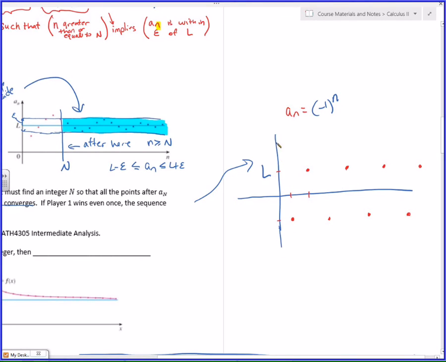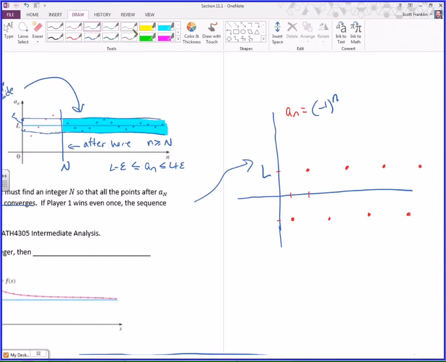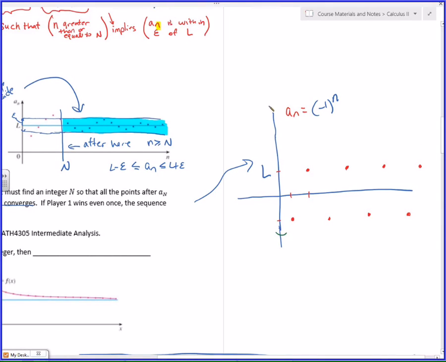Now, here's the thing. If I chose my epsilon, player one says, oh, my epsilon's this big. Player two wins, because all player two has to do is say, well, here's my capital N now. If I just go from here, everything past that point is inside that interval, right? Now, what if player one was meaner than that and said, here's your epsilon, here's the range you have to be inside of.